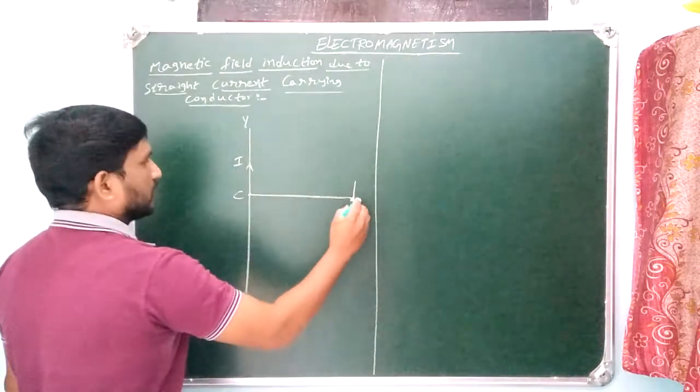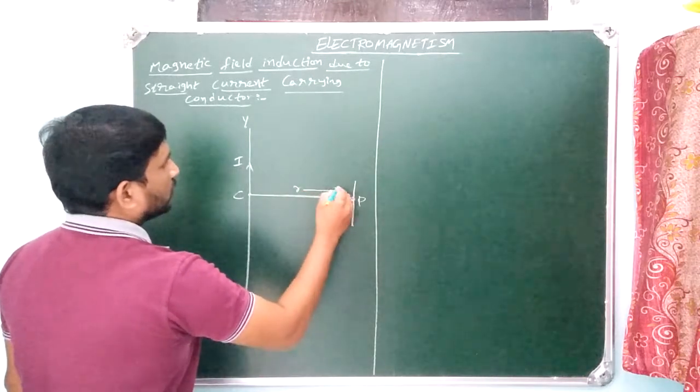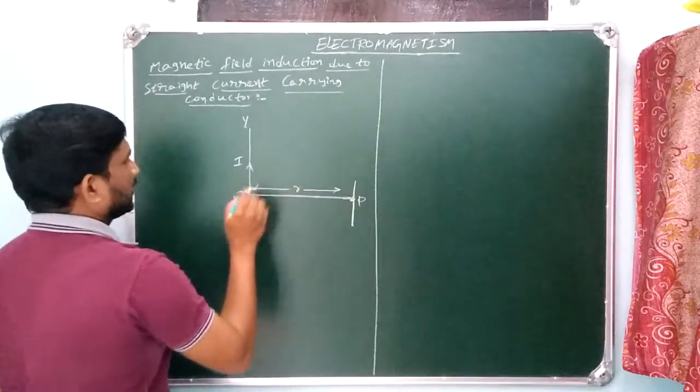This is the point P, which is at a distance of R from the conductor.